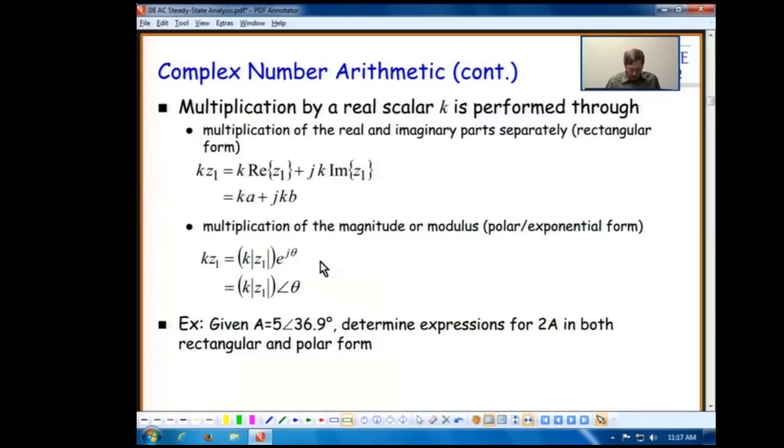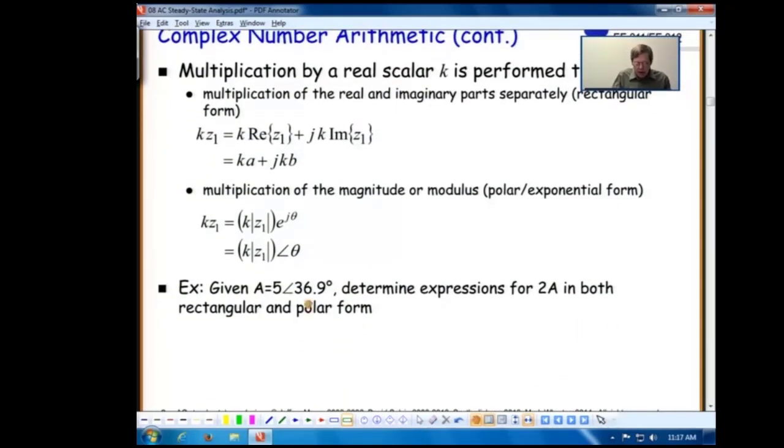So for example, if we have A equals 5 at an angle of 36.9 degrees, it's very easy to do multiplication if the number is already in polar form, because you only have to multiply the magnitude. So 2A would equal 10 at an angle of 36.9 degrees.